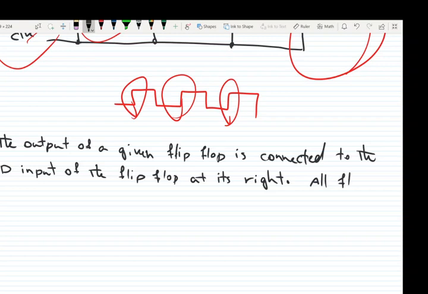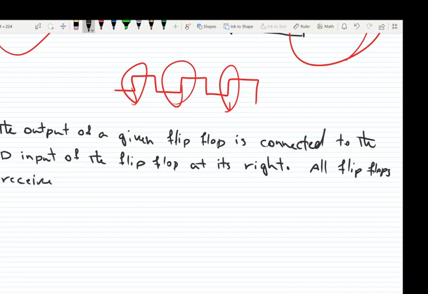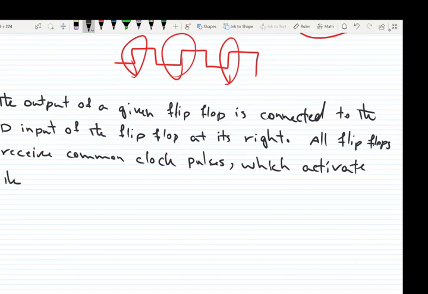All flip-flops receive common clock pulses which activate the shift of data from one stage to the next.